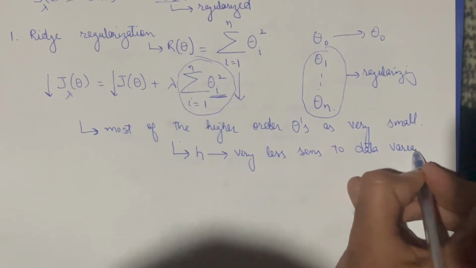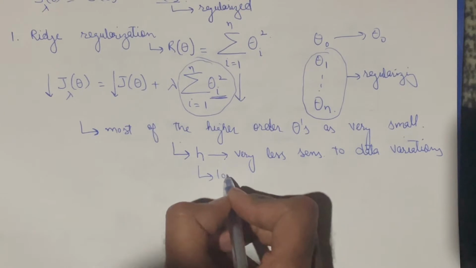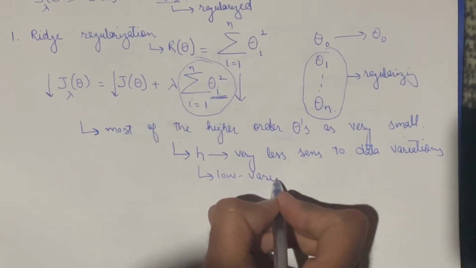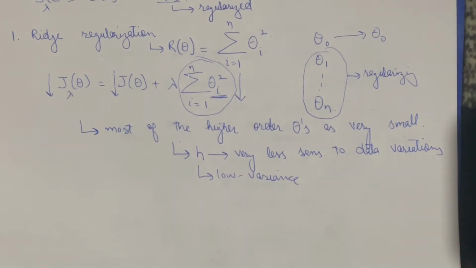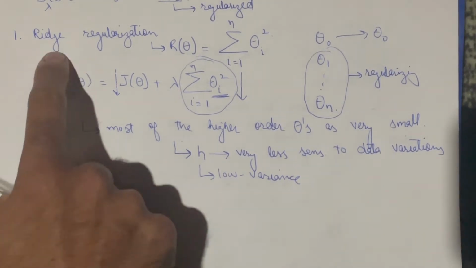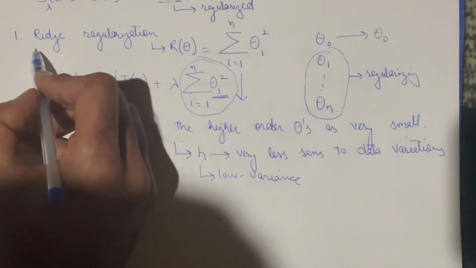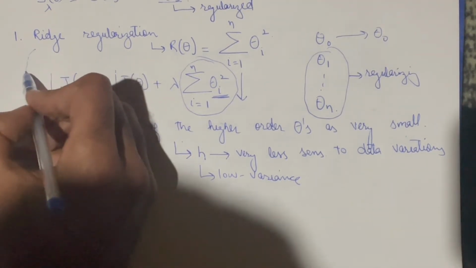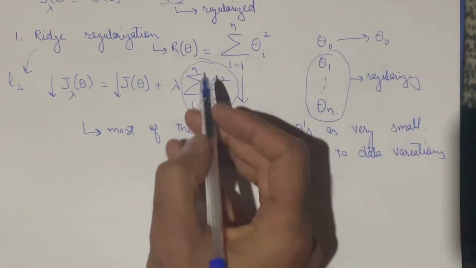Or we can say this model hypothesis function will have low variance. So we are able to create a model that has low variance and low bias. This is one kind of regularization, and this ridge regularization is also called L2 regularization, because it is an L2 norm.